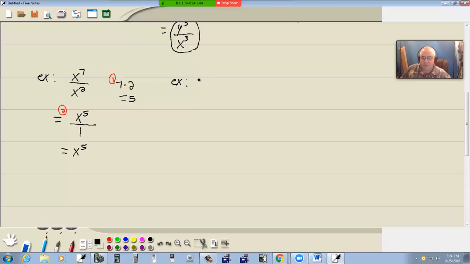Now you may have multiple items, like x to the 3rd, y to the 7th, over x squared, y to the 12th. Oops, I meant for this to be an x squared. Well, we have x to a power over x to a power. So for the x's, I subtract the smaller exponent from the larger one. 3 minus 2 is 1.